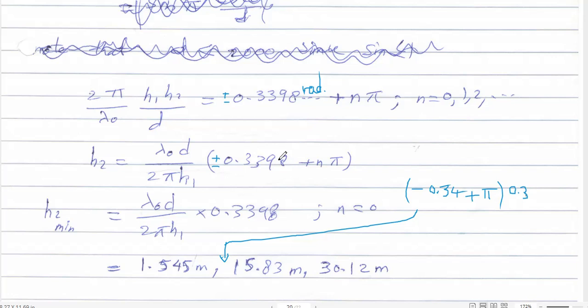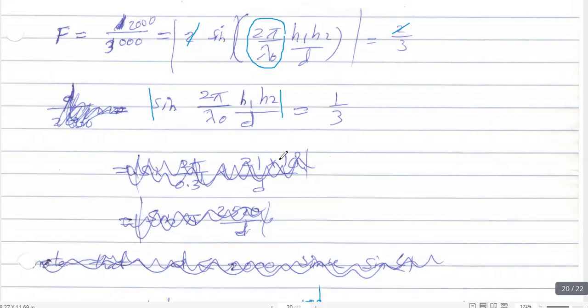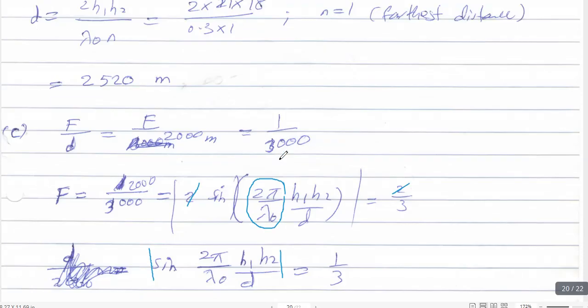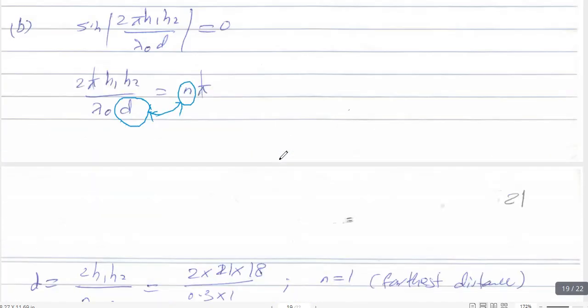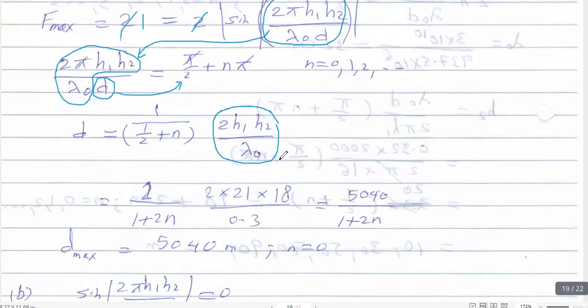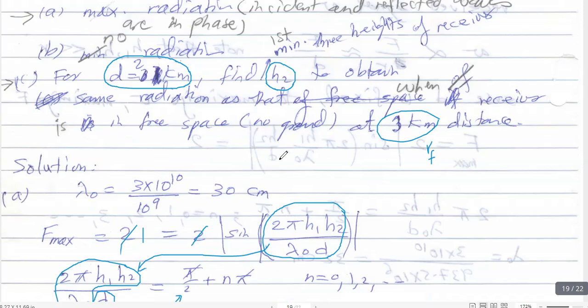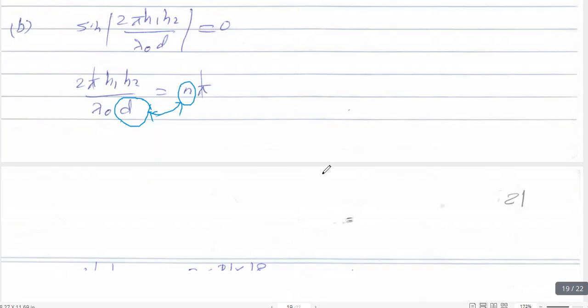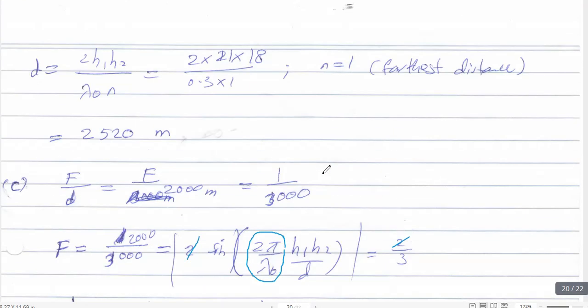Distance d is given in the third part. In part C it is 2 kilometers.